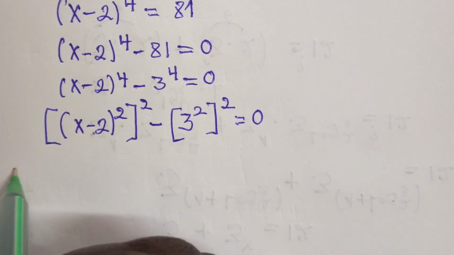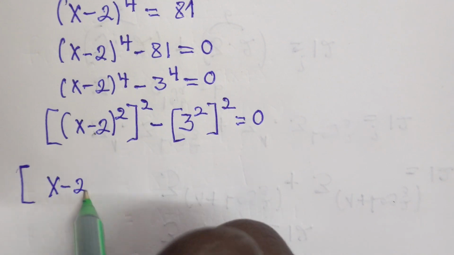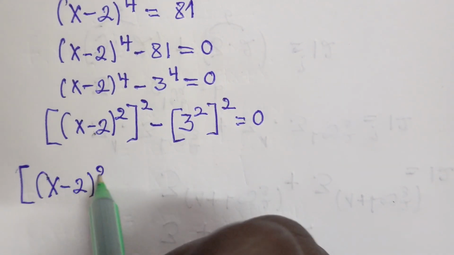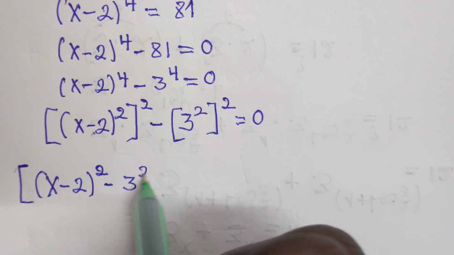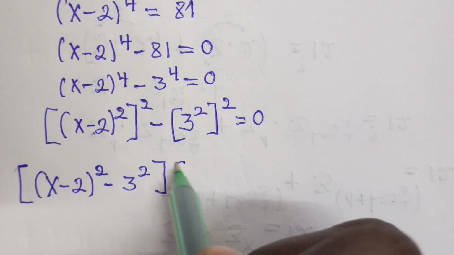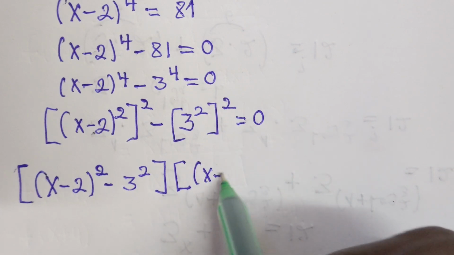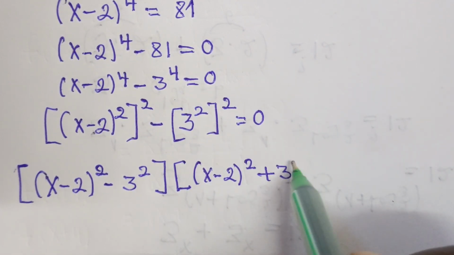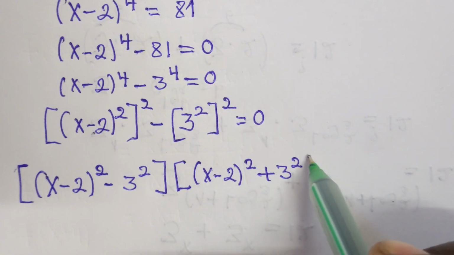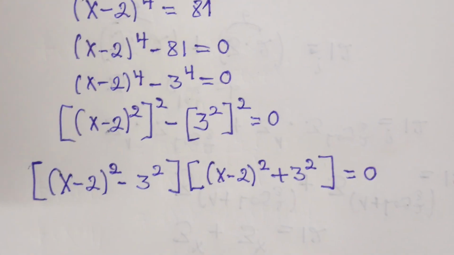So what can we do? We will have ((x minus 2)^2 minus 3^2) times ((x minus 2)^2 plus 3^2) to be equal to 0.